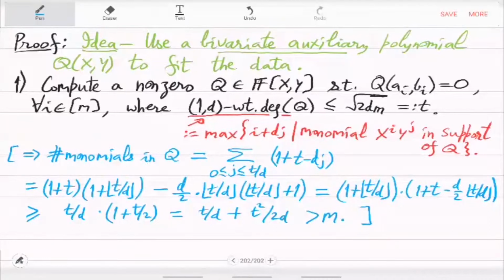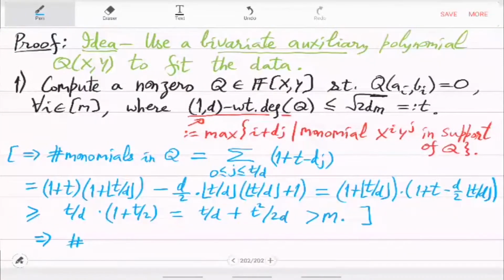So the number of monomials in Q, this unknown Q, so the coefficients are the unknowns, and the number of unknown coefficients comes out to be more than m, right? And from the data, which was m pairs, you will get m constraints. So the constraints are fewer than the unknowns.